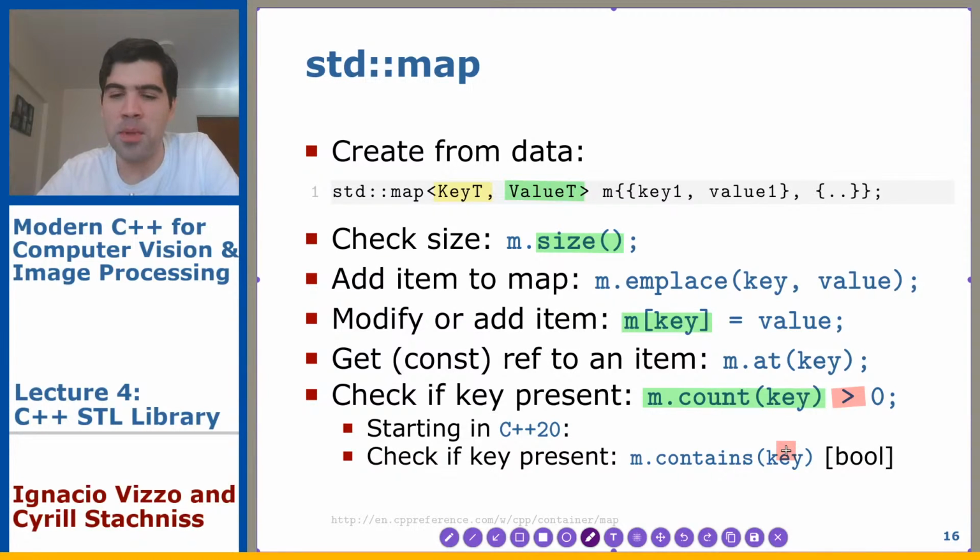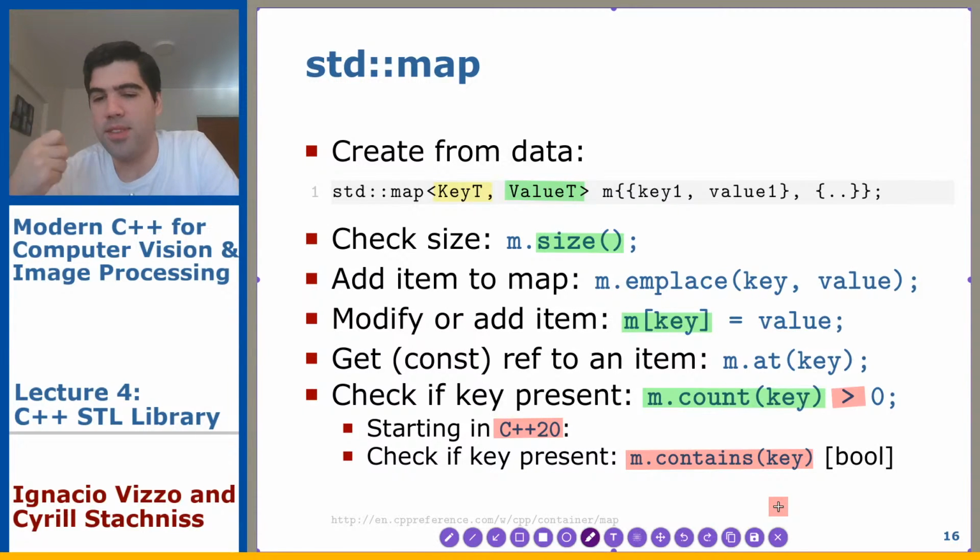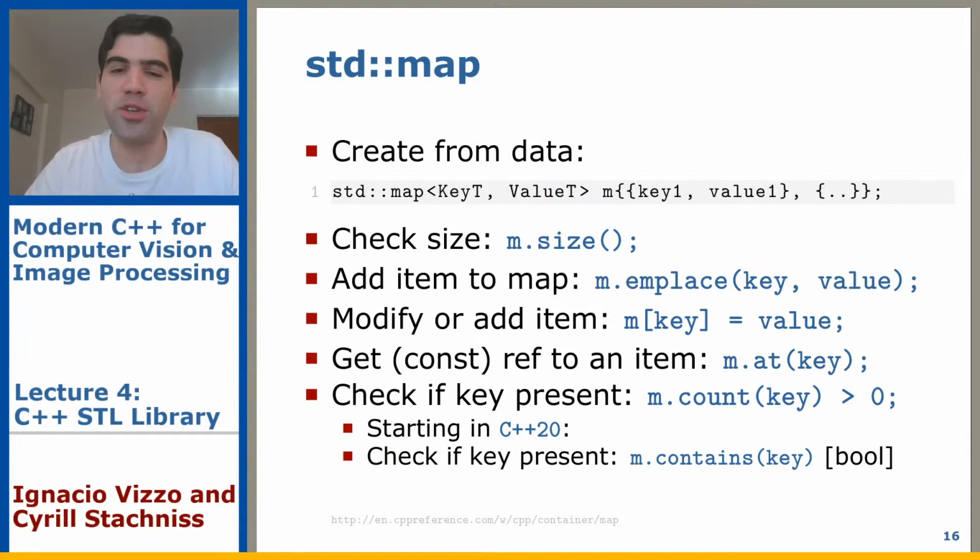The C++ committee already fixed this, but this is in C++20, that's still quite new. And then there's this new function called contains. So this is the same as when you say in Python, if key in dictionary. In this case, you will say if m contains key, then blah blah blah. So this will express the intention of the program better.